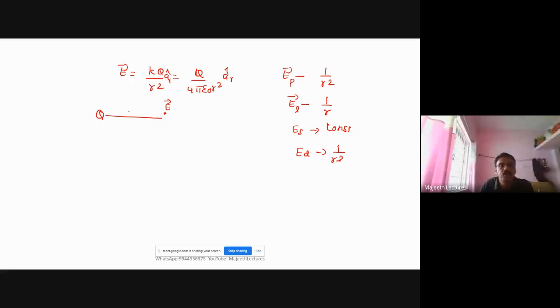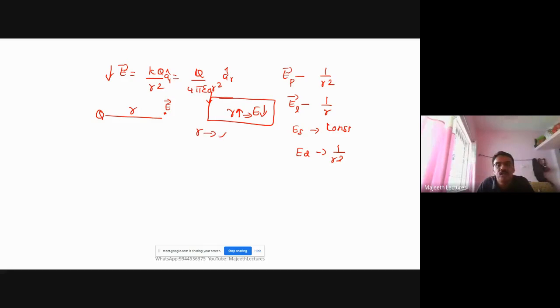From this equation, when R increases, electric field decreases. That is very important.